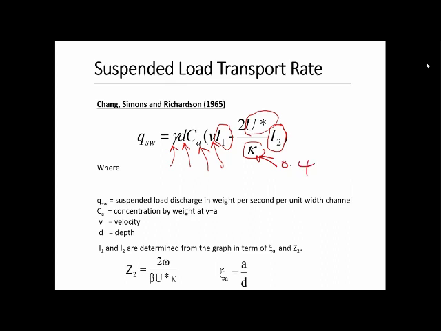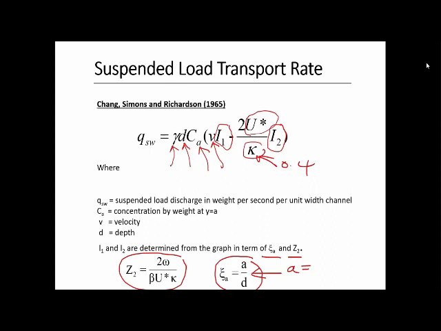So the I1 and I2, the transport functions, are determined based on two terms, eta A and also this Z2, which is given by these equations. Okay, macam mana you nak determine the value of this eta A, then you use these equations, A divided by D. So A here is your bed load layer thickness.